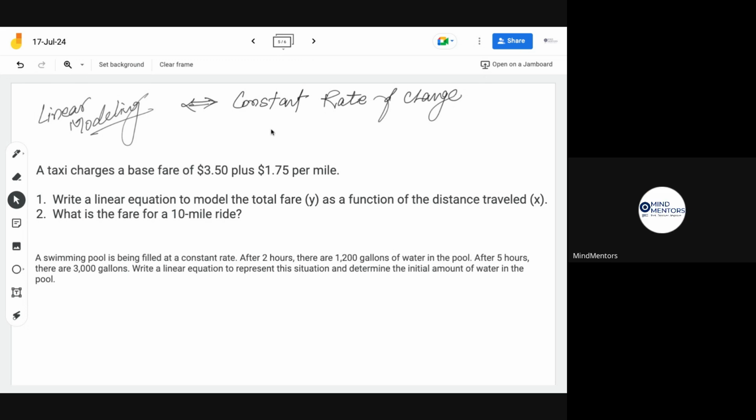And are you also able to write the equation? So y equal to 600x.